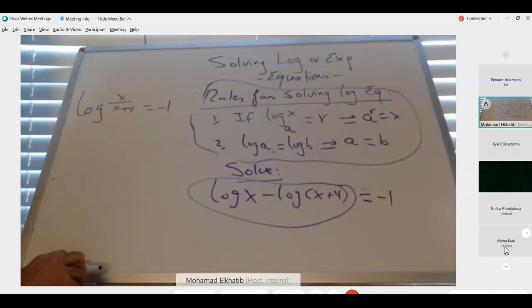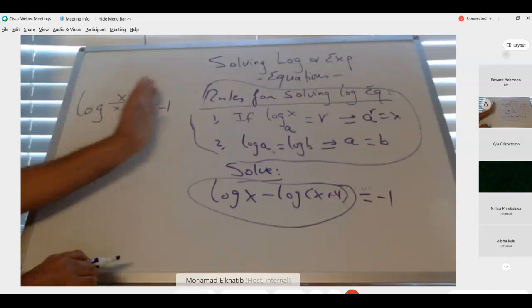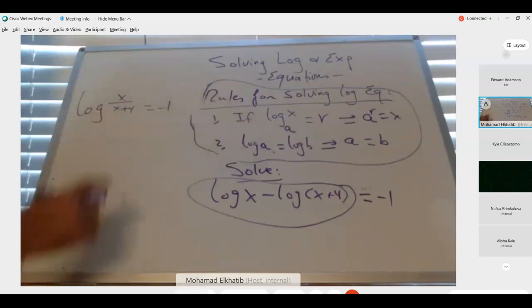Are we good, class? Yes. Now, which rule do you think I'm going to use now? Rule 1 or rule 2? I don't have log on the right side, do I? So I have to use rule 1.